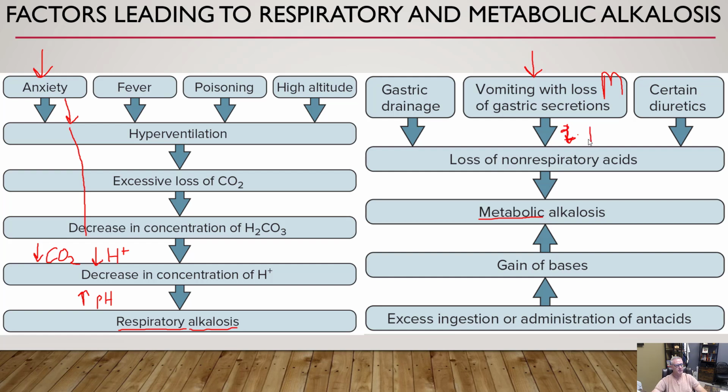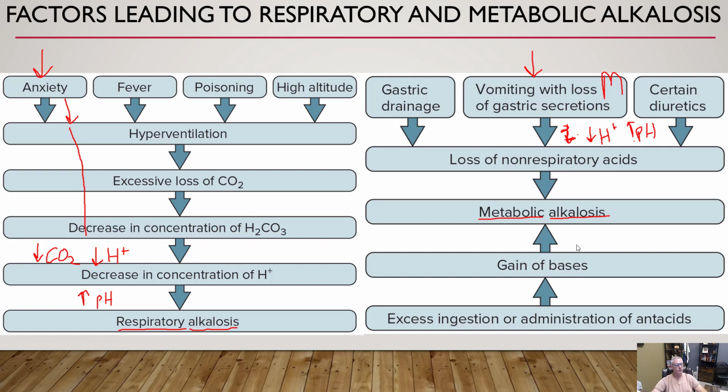If we've lost acid, we have decreased our hydrogen ion concentration, so we have increased our pH. If we've lost acid, we've increased our pH, which is alkalosis. And because this is not a respiratory condition, it's a metabolic condition. So we're metabolic alkalosis.